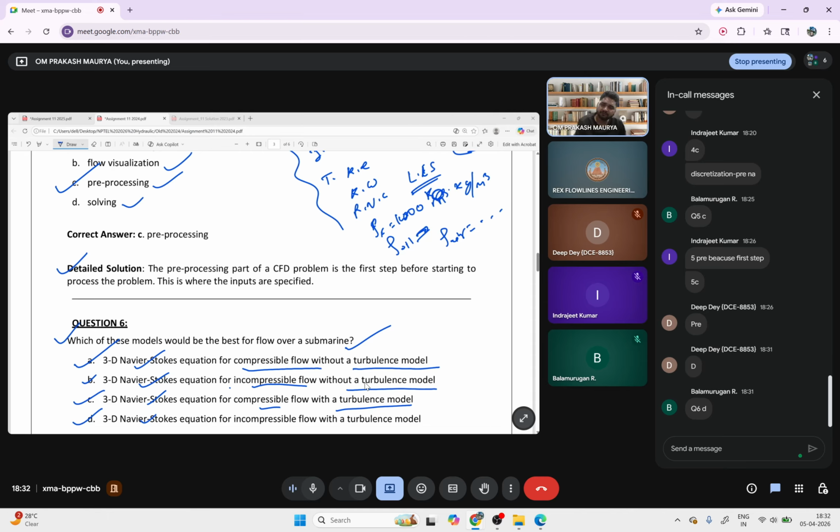First you try to think whether submarine, what is submarine and where it needs to be put, where it needs to flow. If you know the submarine, then you just guess whether your submarine will navigate in a compressible fluid or incompressible fluid, whether near the submarine turbulence kind of things happen or not.